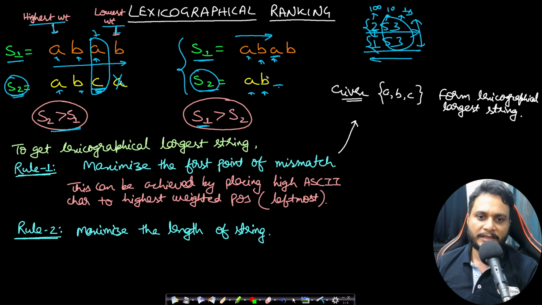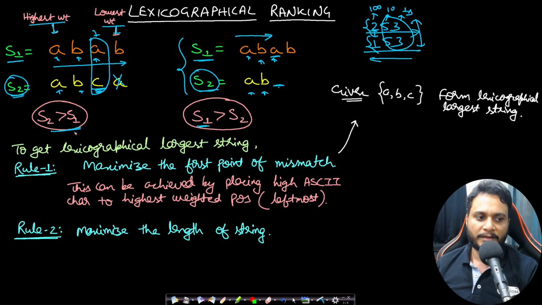If there is a mismatch, like if this was C, where C is greater than B, then AC, that means string 2, will be greater than string 1, right? So the high priority thing is to match the corresponding characters, and if all the corresponding characters match, then the length comes into the picture.